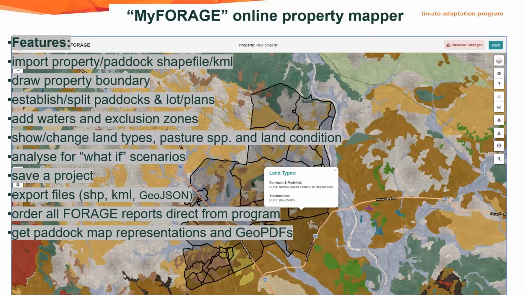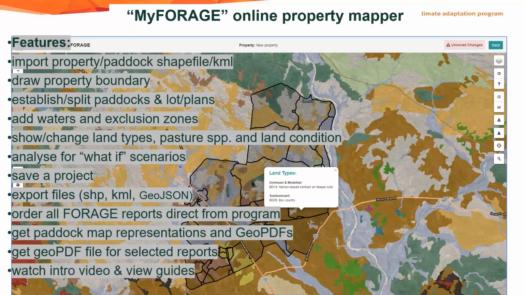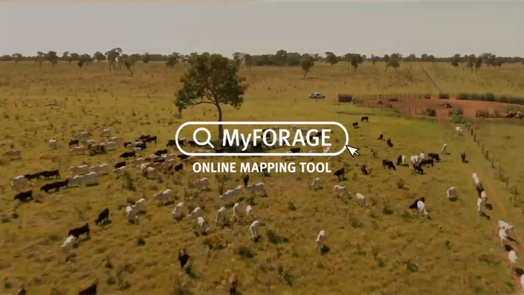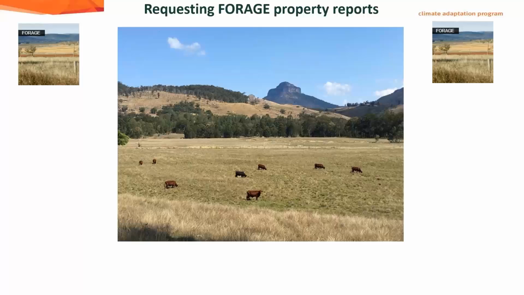You'll also get a GeoPDF that will relate those paddocks for those attributes. If you want to watch the video and view the guides, that's the front page of the screen there.